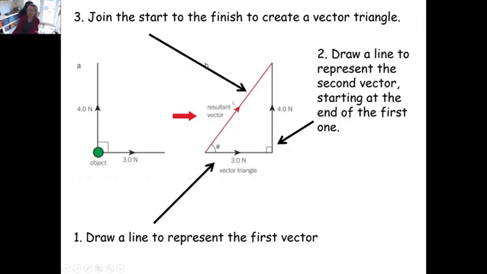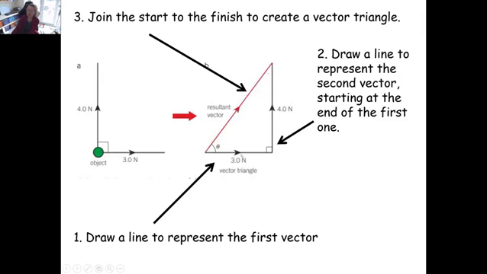And you can work out the size of that resultant vector, and it's very simple to do using Pythagoras, which I'm sure you've covered in your maths lessons. So I'm sure you know that if you have a right angled triangle, the sum of the square of these two sides will equal the square of this hypotenuse here.